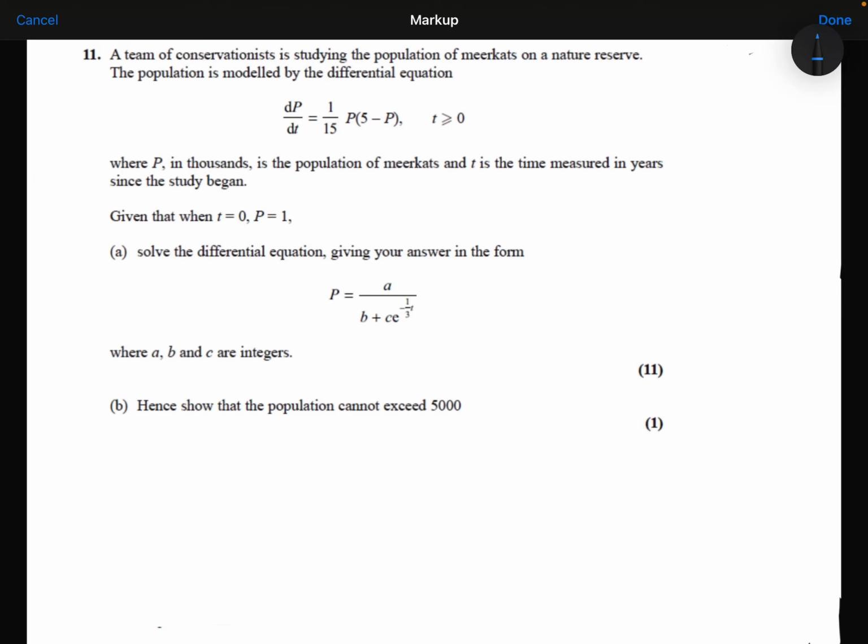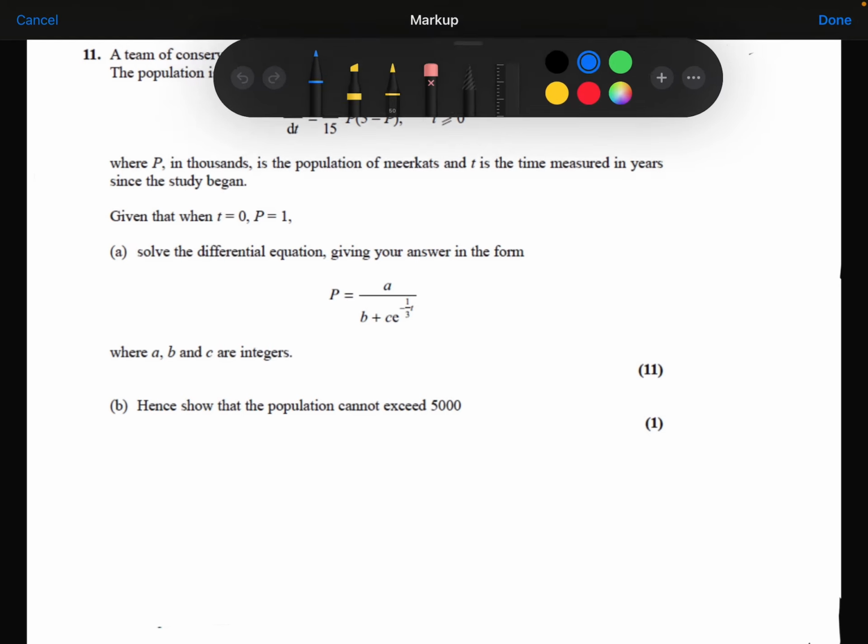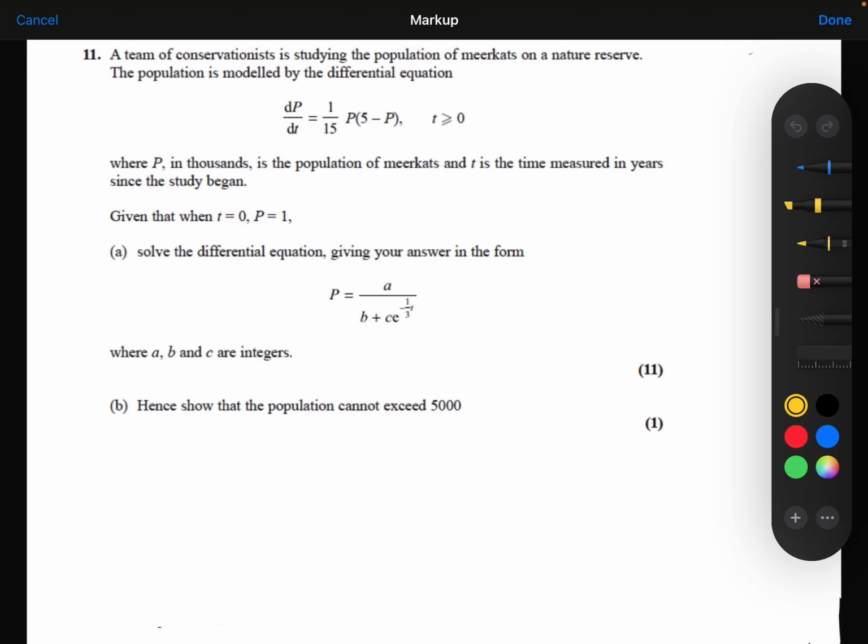So to solve the differential equation, we need to separate the variables. So I am going to take anything that has a P and have that on the left-hand side. So I'm going to move this P times 5 minus P and divide on the other side. Anything that has a dt or t, we'll move that to the right-hand side.